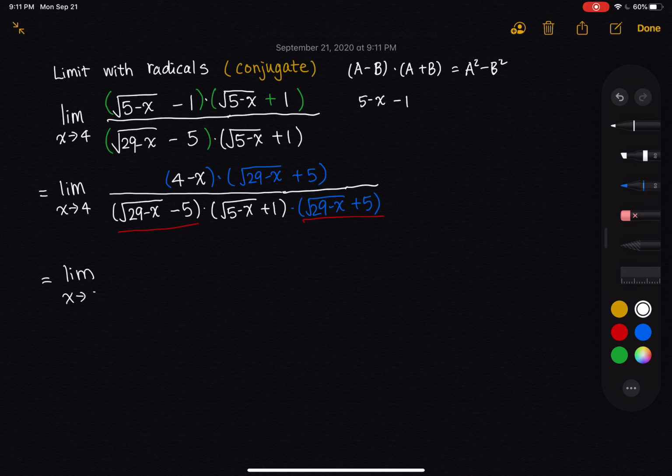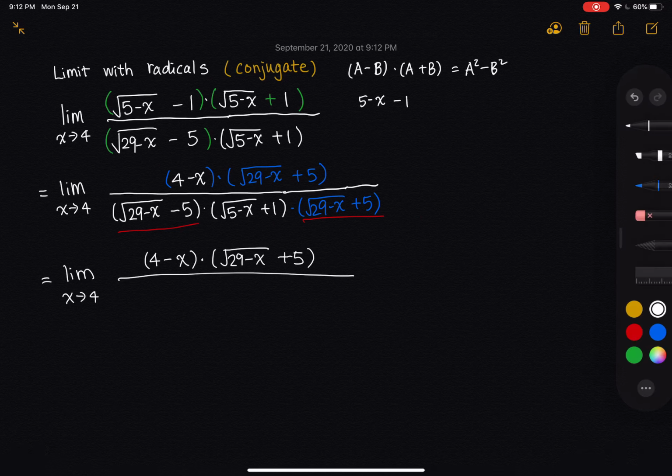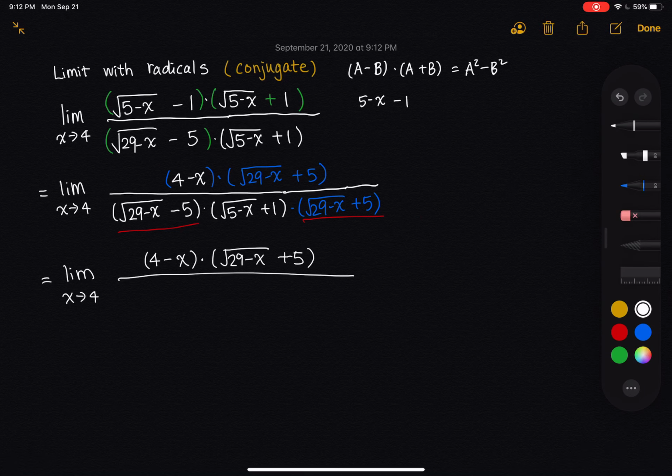As x approaches 4, on the top you leave it alone, so it's 4 minus x times square root of 29 minus x plus 5. In the bottom, you combine: you get 29 minus x, but then you subtract 5 squared, which is 25. 29 minus 25 is 4 minus x.